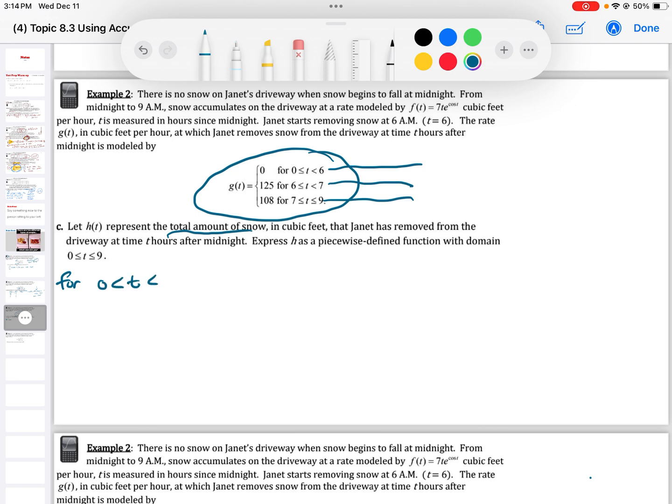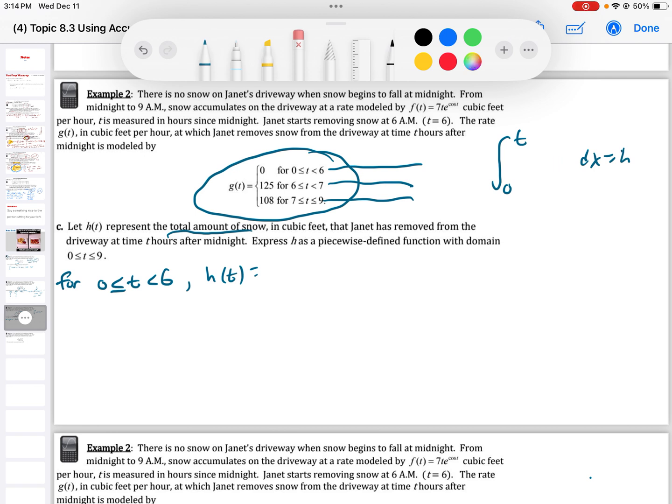So for the first one, for t between 0 and 6, I guess we could include 0. This would be how much snow she has removed, h of t. And what we're doing here is taking the integral from 0 to t of g of x dx.